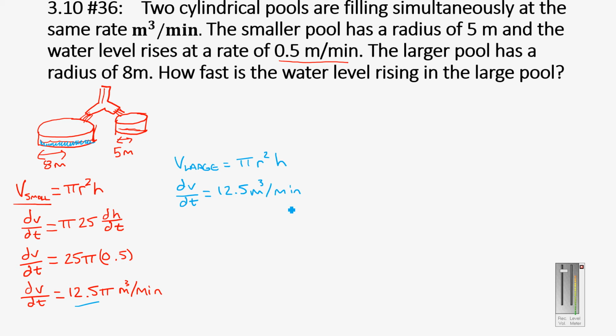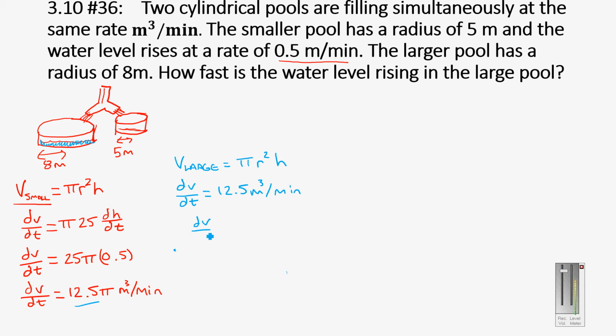That didn't change. If you think of it as adding milk jugs of liquid to each pool, if I'm adding the same amount of milk jugs, I'm adding the same volume to each pool. One is just getting spread out more, and the other one's getting spread out less. So that's not a big deal. But the dv/dt of the large one is also a function of the height.